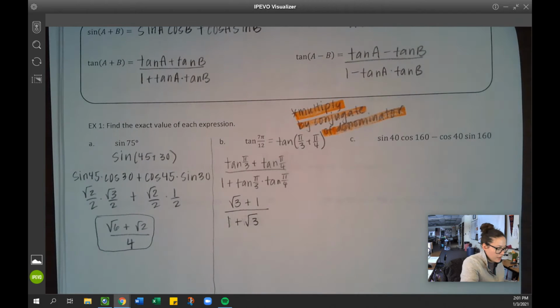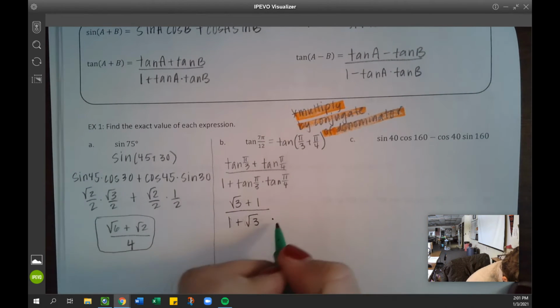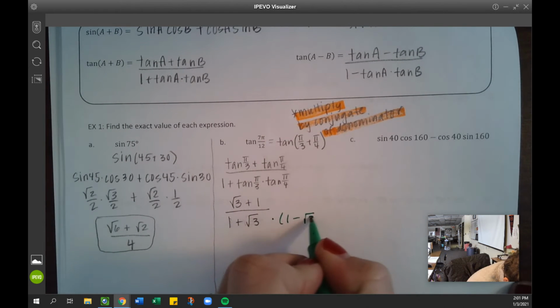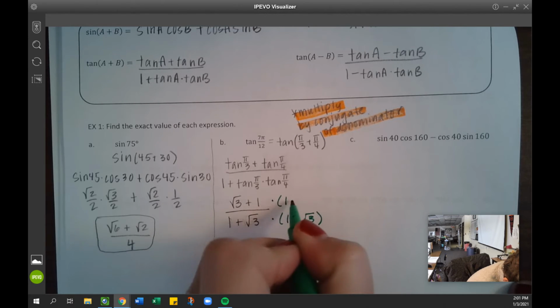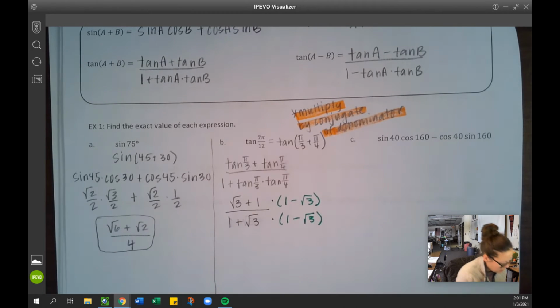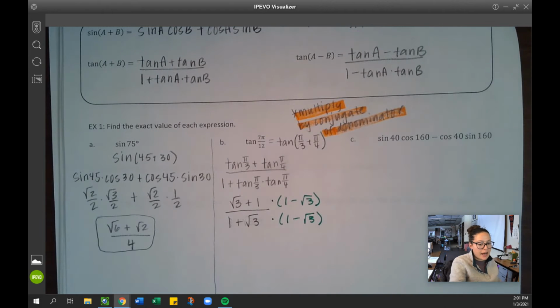So the conjugate of the denominator is 1 minus the square root of 3. And whatever we multiply to the bottom, we have to do the same thing to the top.